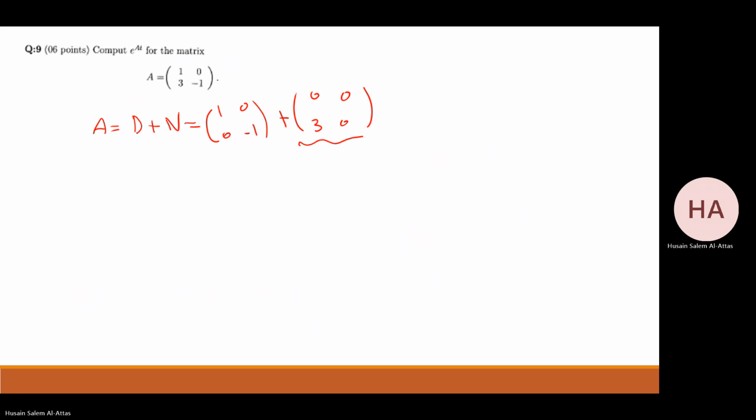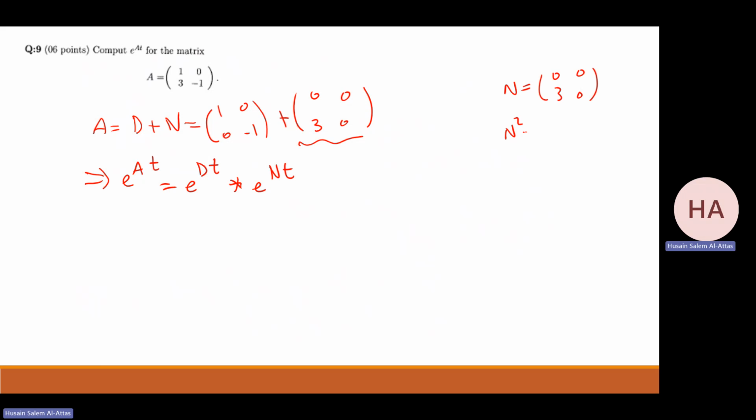So e to the power At will be e to the power Dt times e to the power Nt. If N is [0, 0; 3, 0], what will be N squared? [0, 0; 3, 0] times itself. Will that make it nilpotent? Let me check. That will be 0.